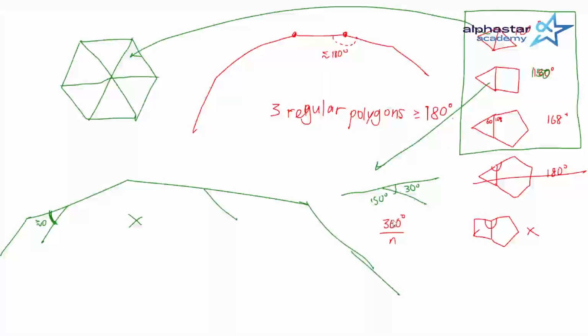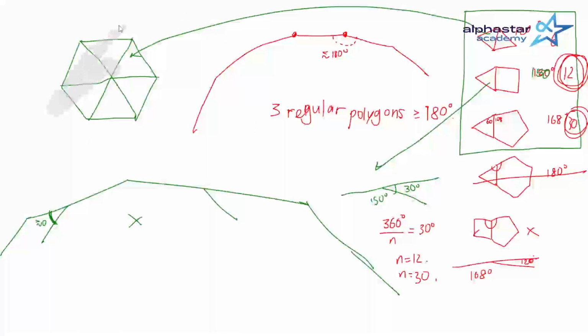So we're just asking for what n is 360 over n equal to 30 degrees, and that's n equals 12. So n equals 12 is a possibility, and then similarly, if we have a 168 degree angle here, then the exterior angle is 12 degrees, which tells us that 360 degrees over n equals 12 degrees, which tells us n equals 30. Since we've already shown that 6 works, the only 2 remaining numbers that are possible are 12 and 30.